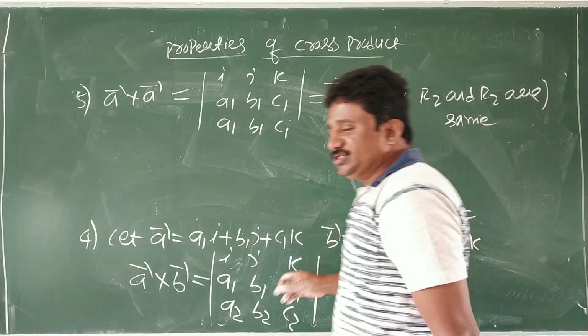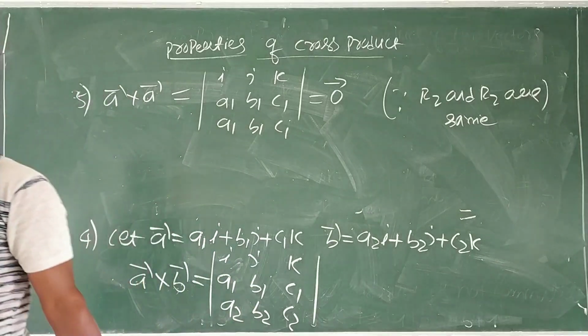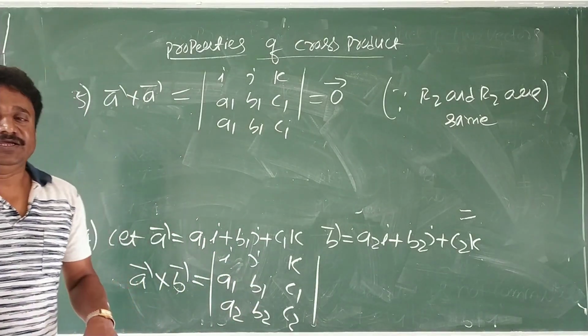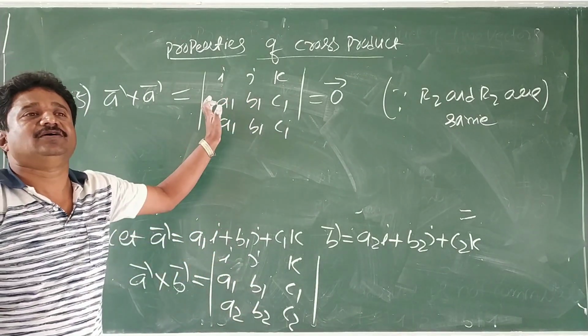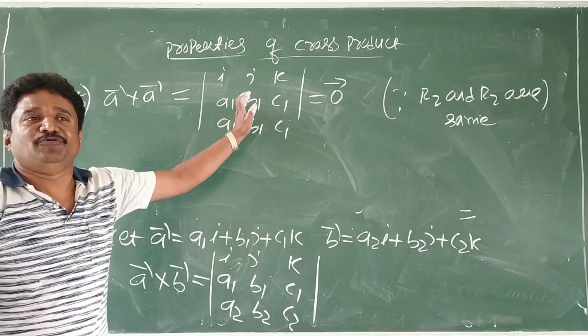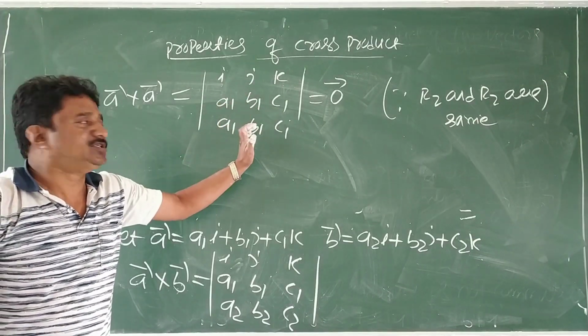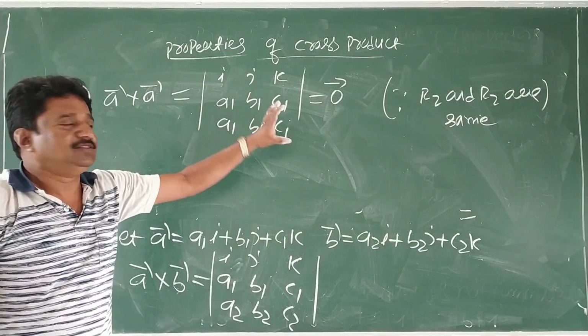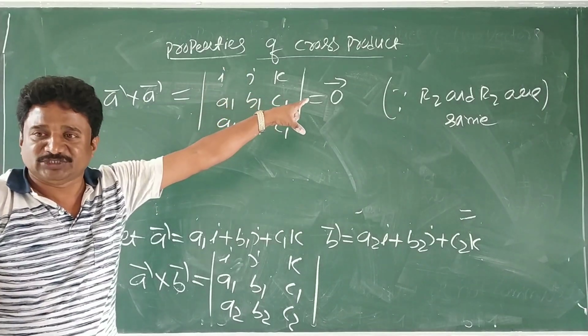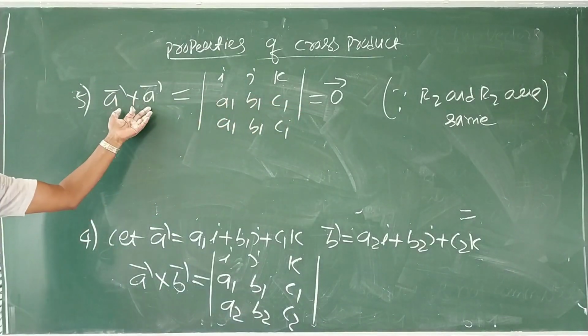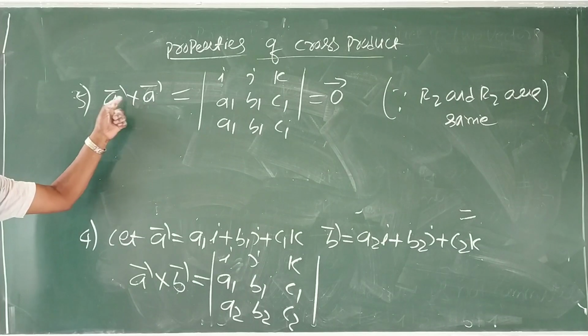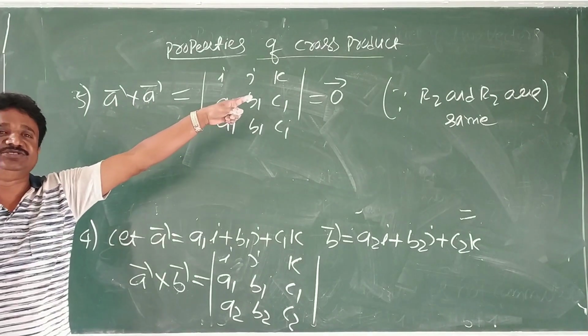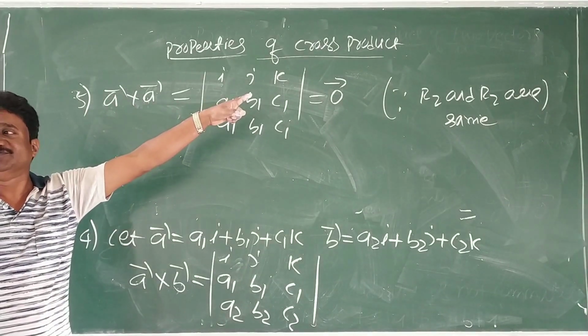In determinants, you learned these things, students. In a determinant, if two rows or two columns are same, then the value of the determinant becomes 0. From this it is so clear. The cross product of two identical vectors is 0 vector.